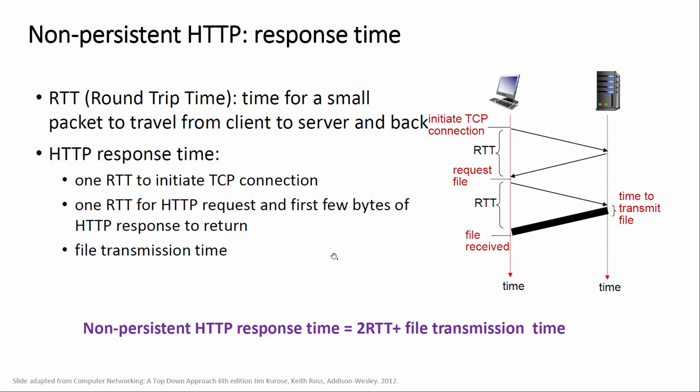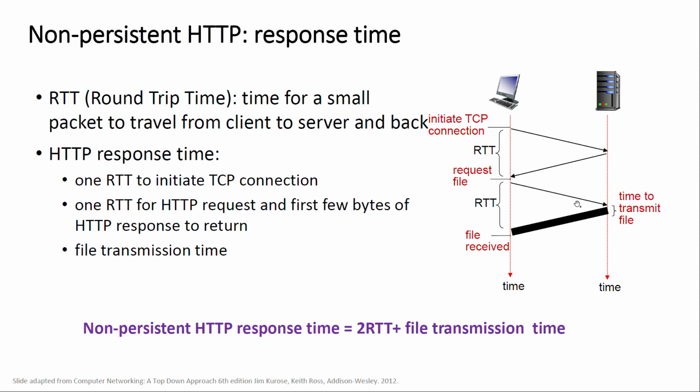So let's look at the response time and why moving on to persistent HTTP will reduce our response time. We measure with RTT, round trip time. This is the time for a small packet to travel from client to server and back. So when the client initiates a TCP connection, you send the initiation request, and the server acknowledges it. So this is one RTT.